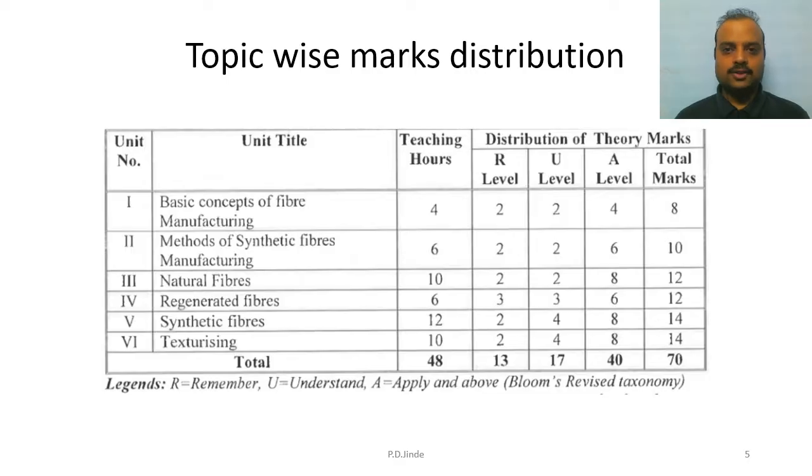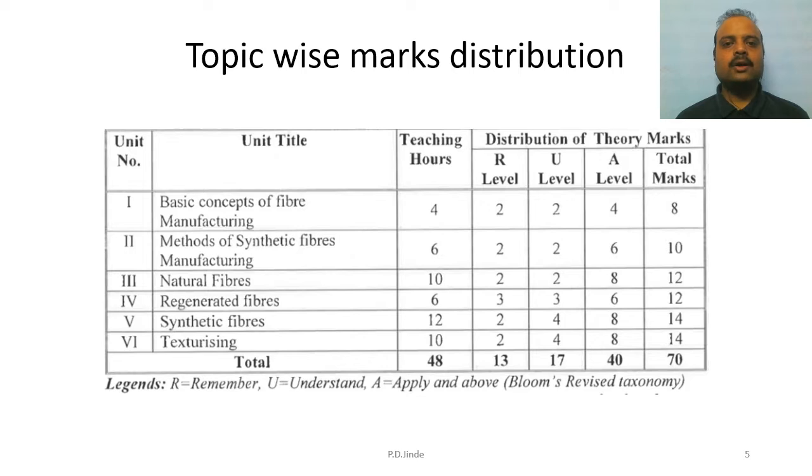Topic wise marks distribution, you can find this in your syllabus. As I earlier told you, in this course we will learn about a total of 6 units, and the names of those are in front of your screen. Each unit has certain teaching hours allotted.